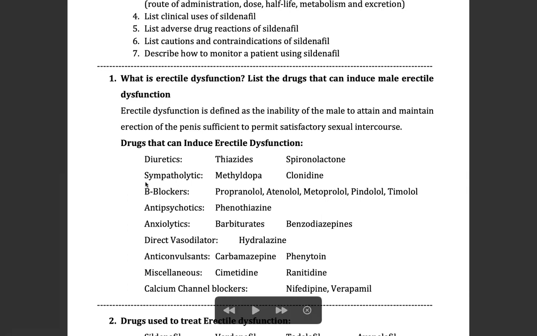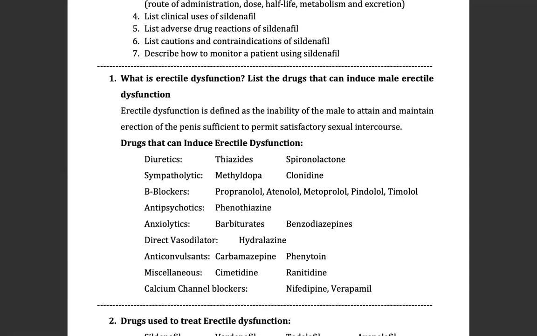Then sympatholytics: methyldopa and clonidine. Methyldopa and clonidine are centrally acting drugs, clinically used in the management of hypertension. These two categories, thiazides with spironolactone and sympatholytics, are used to manage elevated blood pressure.